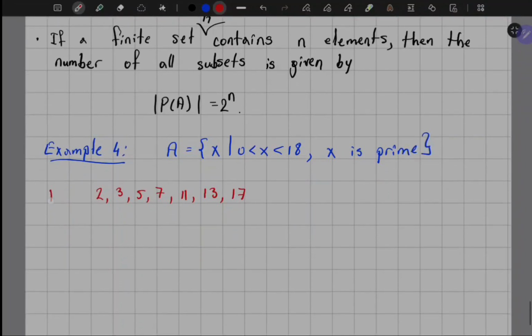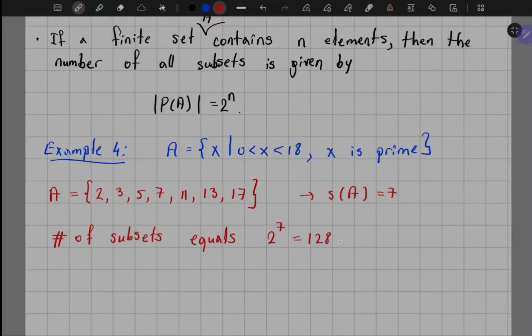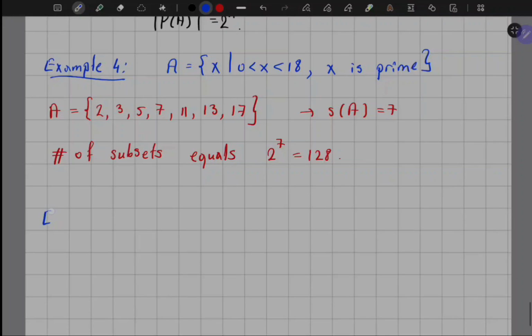Thus, our set A is a set which contains these primes, and the cardinality of A is equal to 7. Therefore, the number of subsets is equal to 128. Let's write another example.